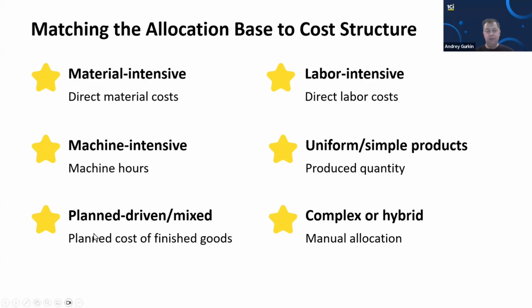Another thing, by the way, we can use planned cost of finished goods. We haven't seen it in the very first triangle. I'm just incorporating more variables into this equation. So we can use planned cost of finished goods.